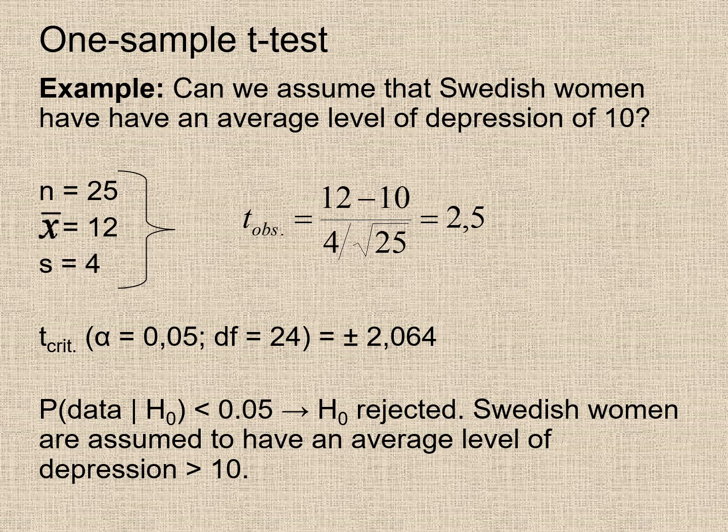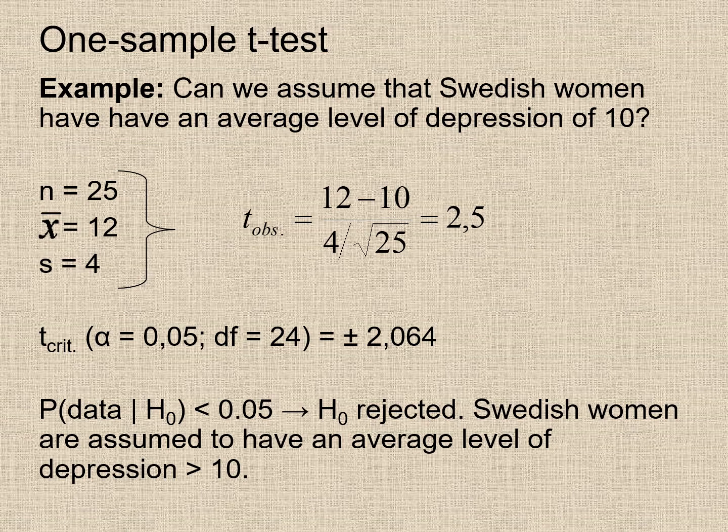So we get a t-value of 2.5. So what this tells us is that the sample mean of 12 is 2.5 standard errors above the tested value of 10.